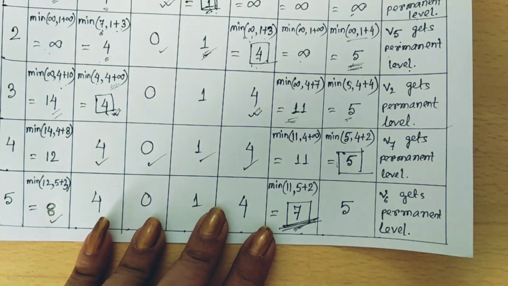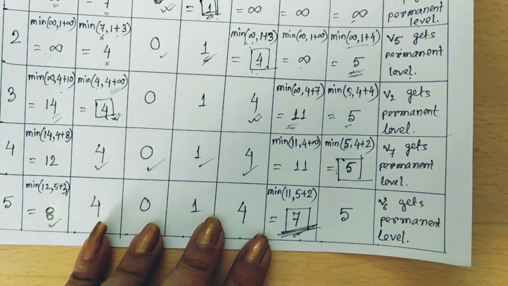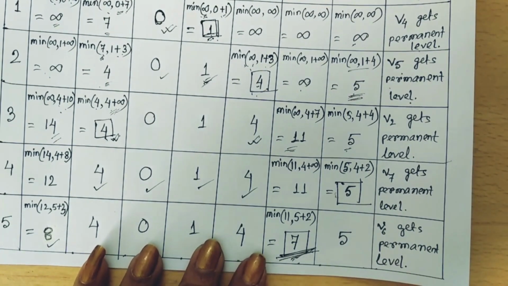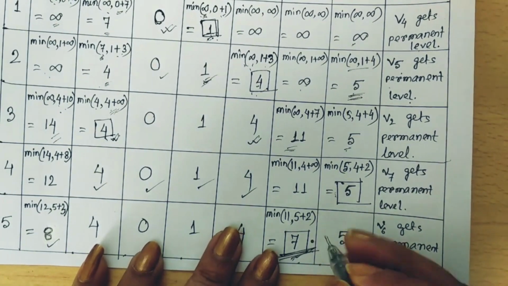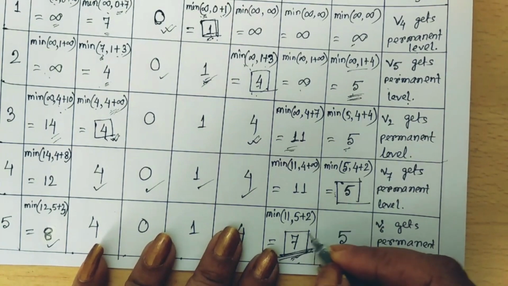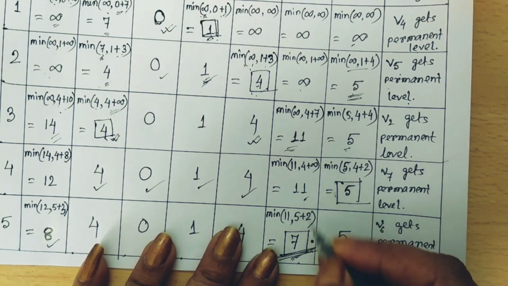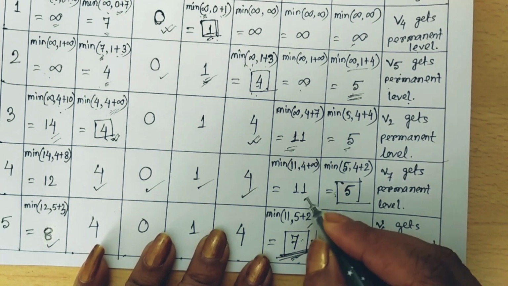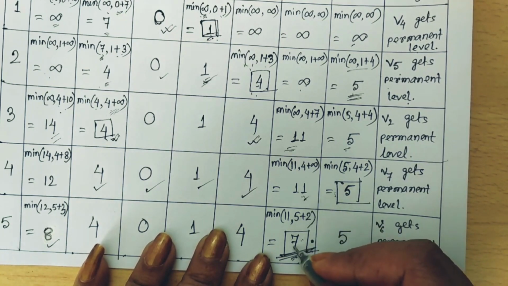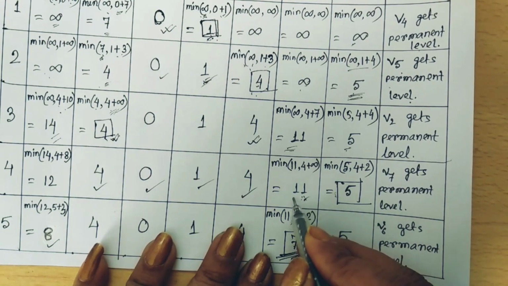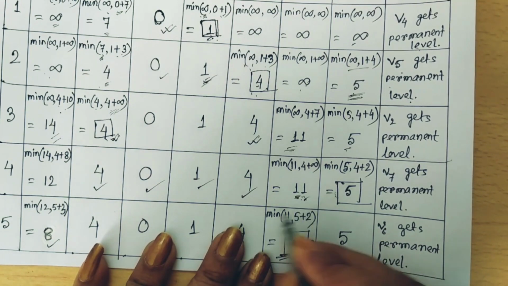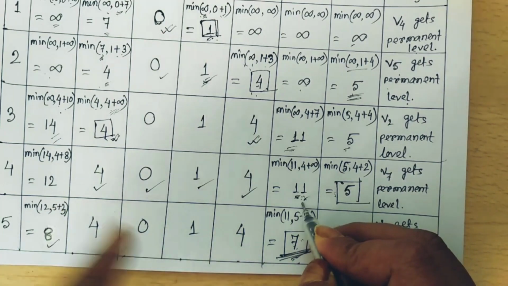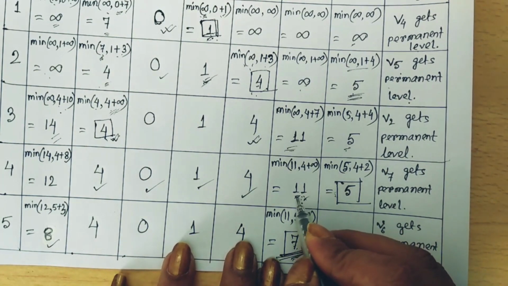Now how to find the shortest path? For that, this is the final destination. So we observe the two consecutive leveling values for this vertex. If these two leveling values are two different values, then we search at the previous iteration which vertex gets the permanent level.